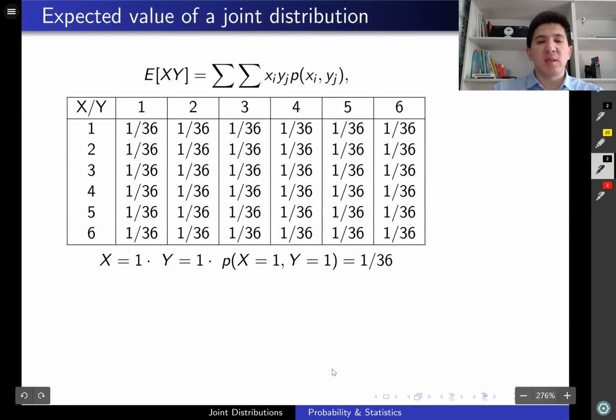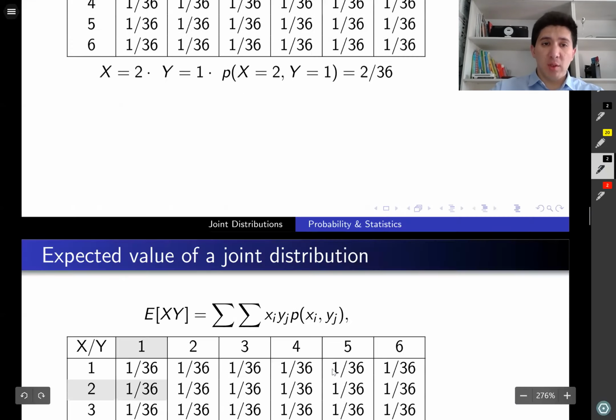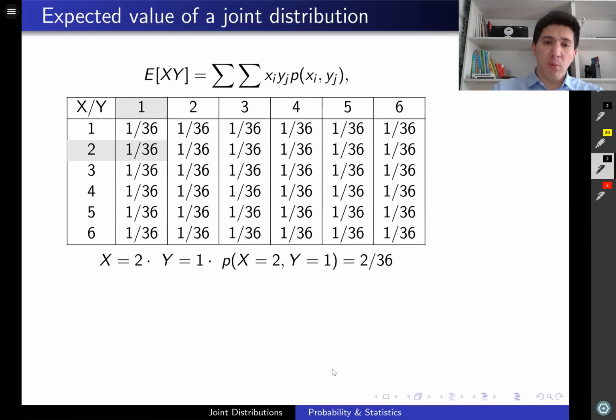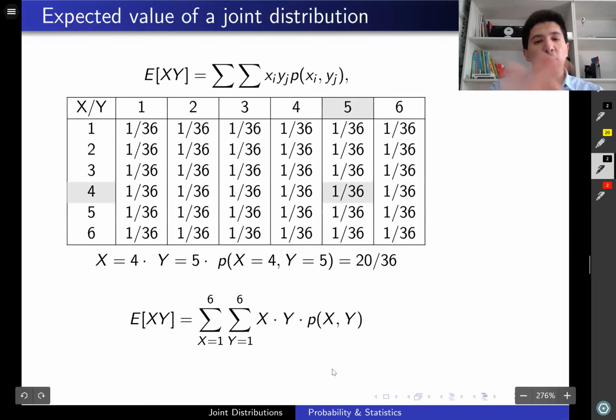For example, if X is equal to 1 and Y is equal to 1, the probability is 1 over 36, so it's going to be 1 over 36 in total. If X is equal to 2 and Y is equal to 1, I need to multiply X and Y, and then additionally the probability, which is equal to 2 over 36. Or in one of the other cases, X is equal to 4 and Y is equal to 5.